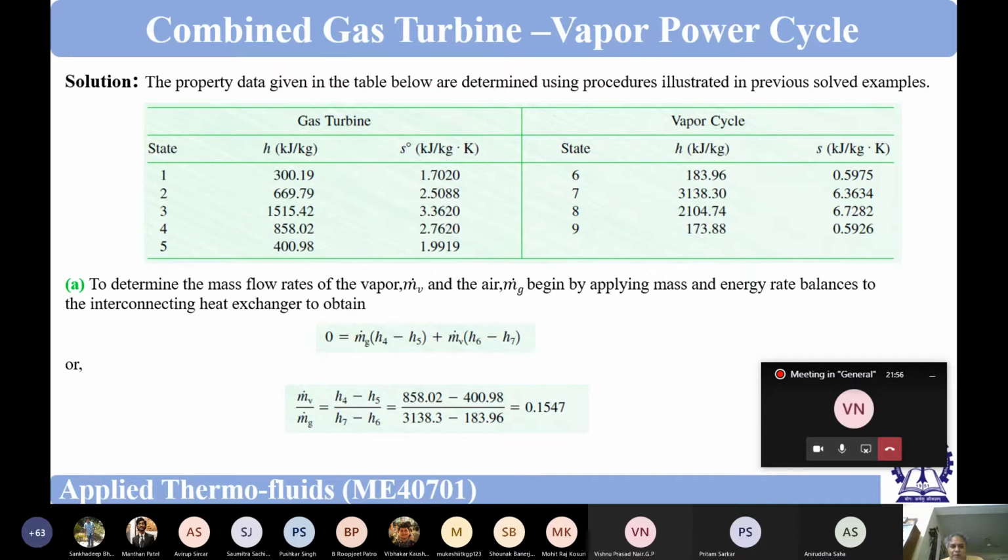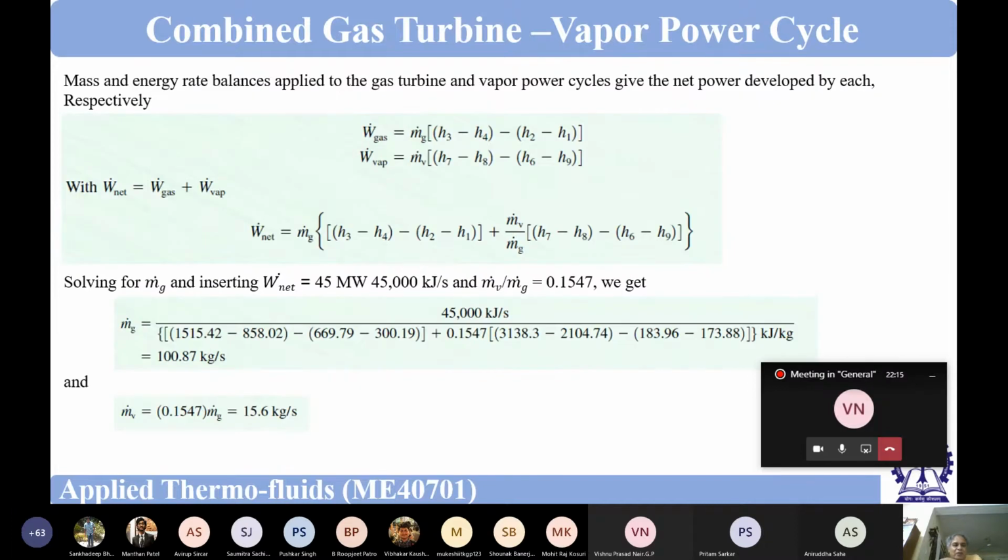So now probably you will appreciate what I have told many times: in a steam power cycle we can neglect the pump work, but in a gas power cycle we cannot neglect the compressor work. So please try to get all these numbers and form your idea. W net we get from here, and they have told that it is 45 megawatt.